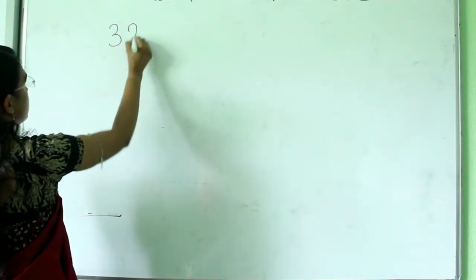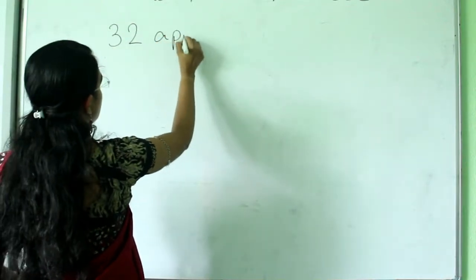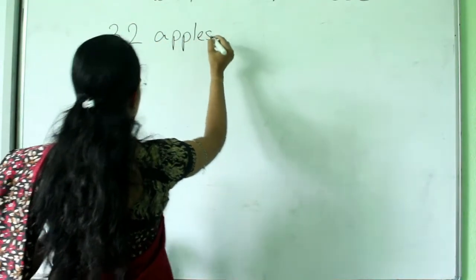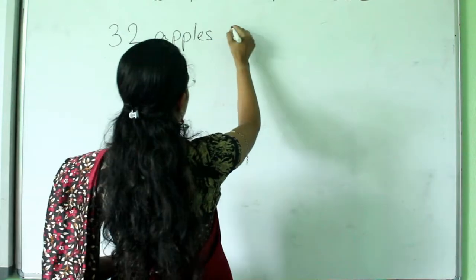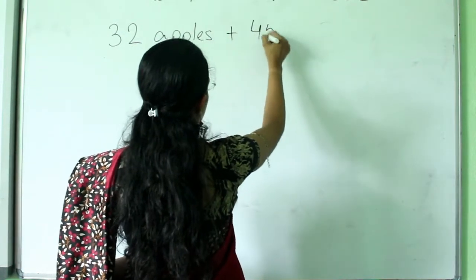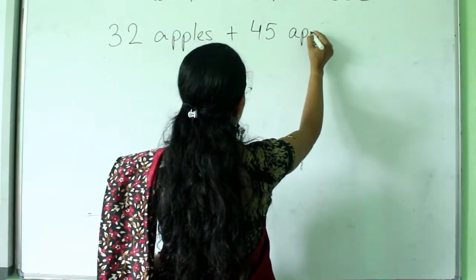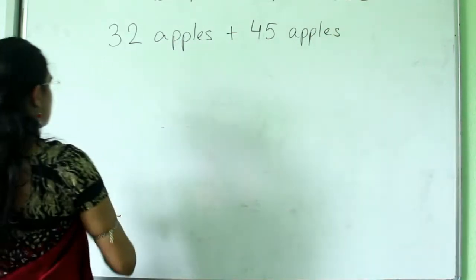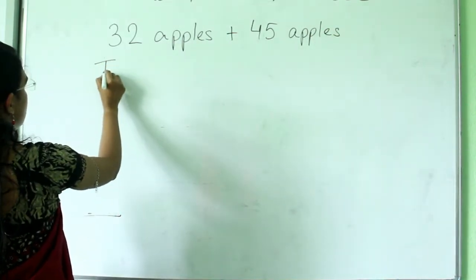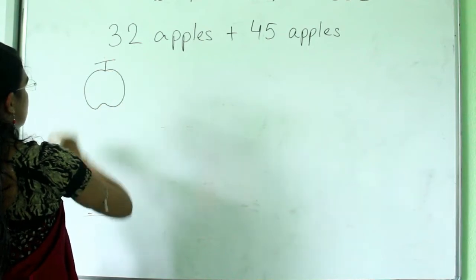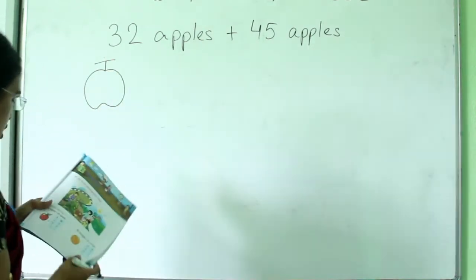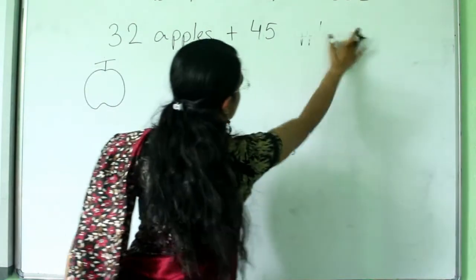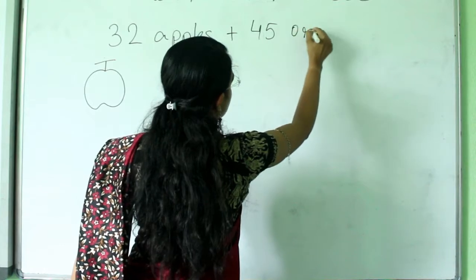Now like this, 32 apples plus 45 oranges.